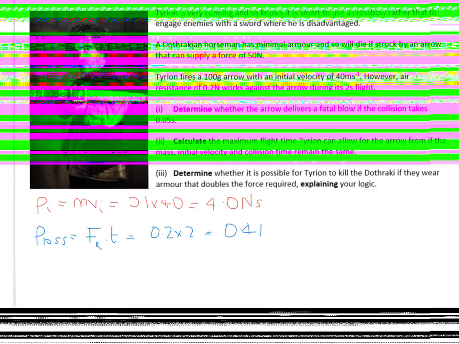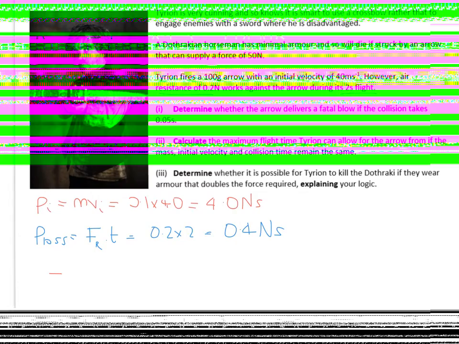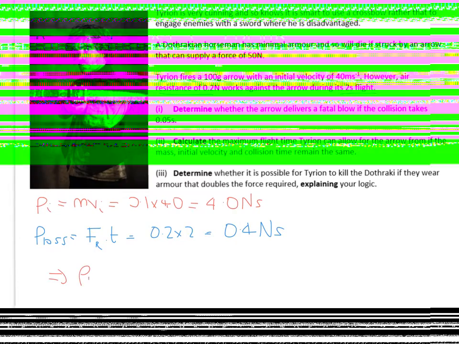So it's going to be the force of resistance times the time it acts. So it's going to be 0.2 times 2. So it's going to lose 0.4 newton seconds during the flight. So the momentum when it hits is going to be 3.6 newton seconds, because that's how much momentum is left.